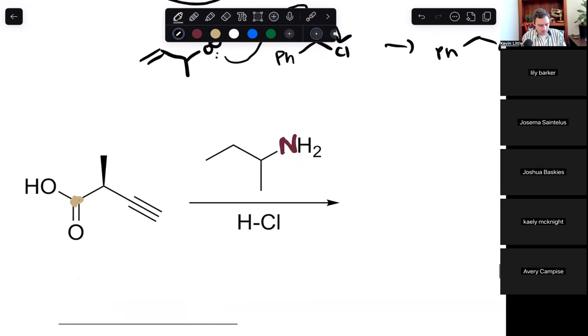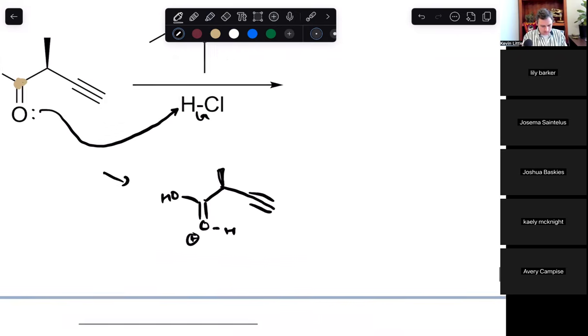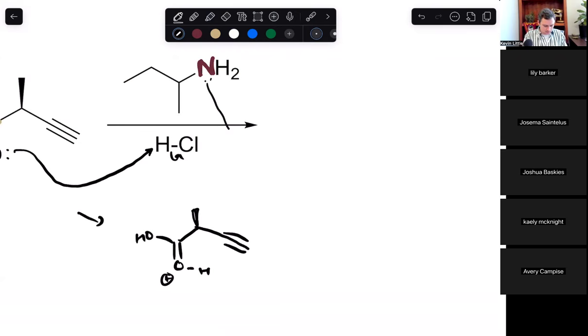All right. So step one is electrophile takes acid. Acid protonates electrophile. Step two, nucleophile attacks electrophile.